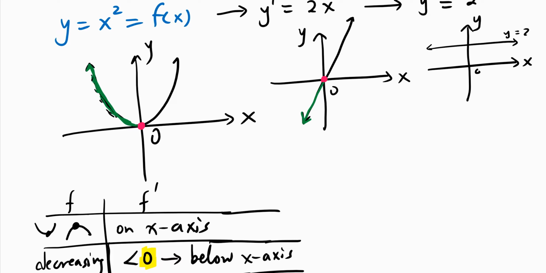It became a point on the x-axis, which stayed as is. And for the next part, where the function is increasing, the graph falls above the x-axis. These three guidelines help us a lot to graph the derivative of a function without actually knowing the equation of the function.